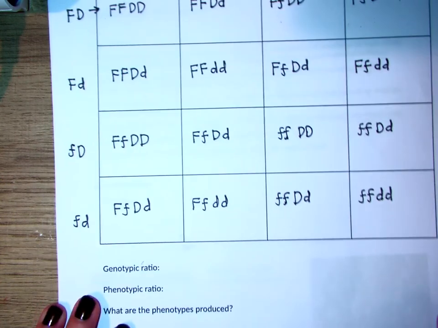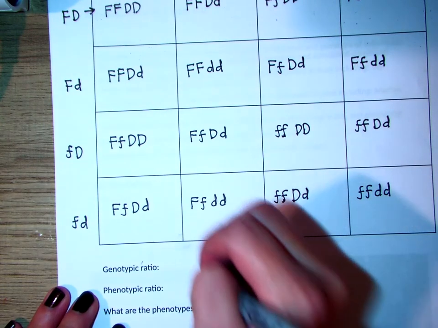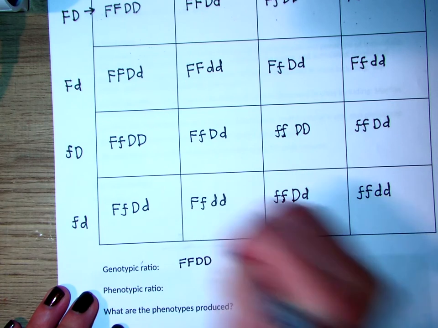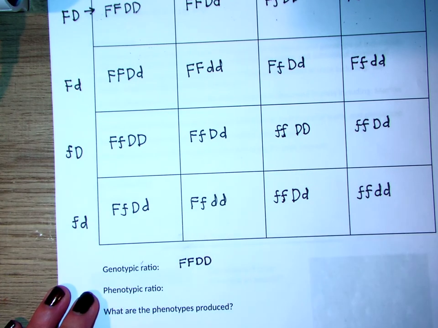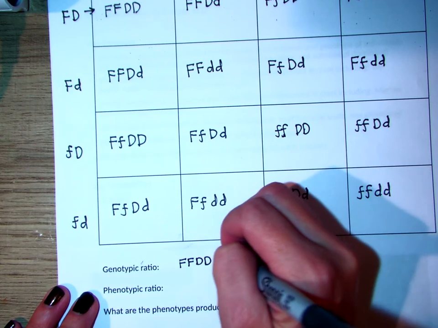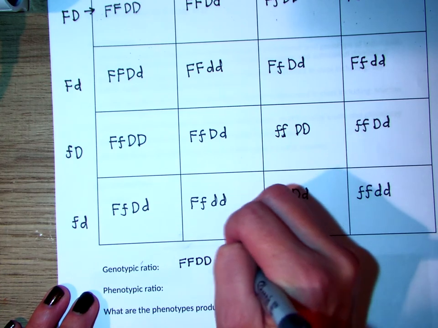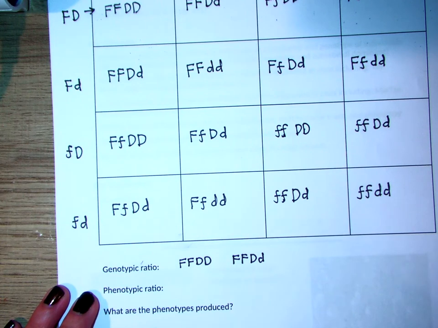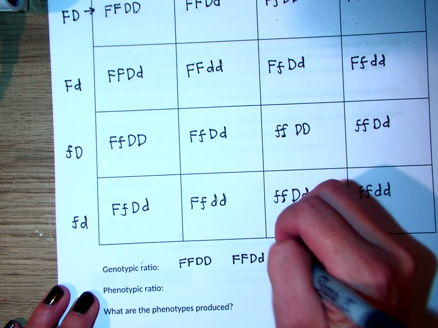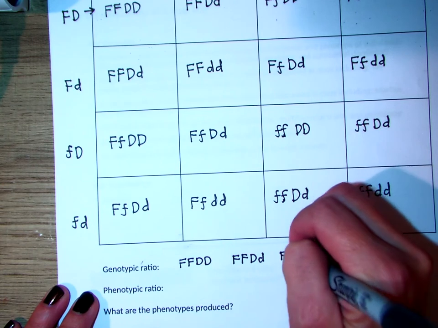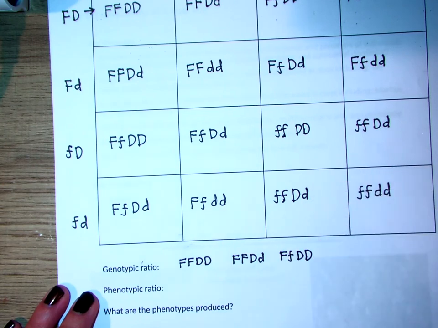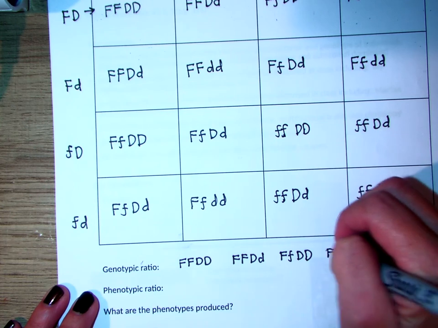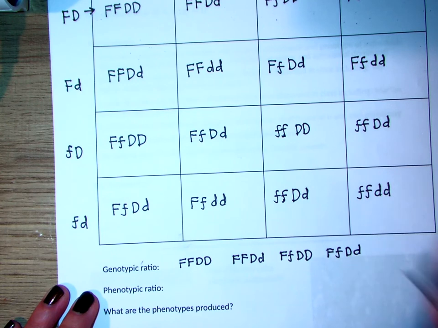So the possible genotypes: we've got big F, big F, big D, big D. We have big F, big F, big D, little d. Got big F, little f, big D, big D, and big F, little f, big D, little d.